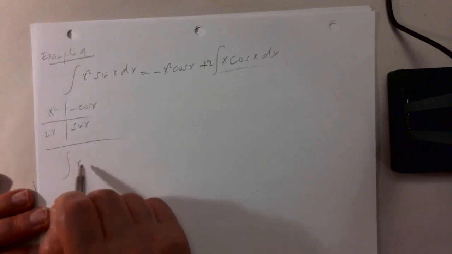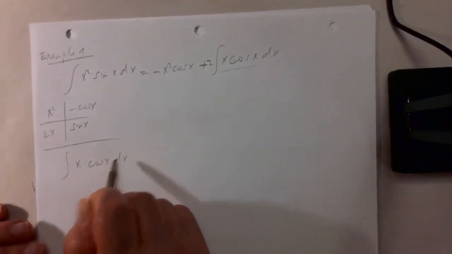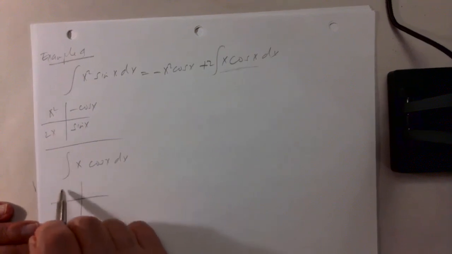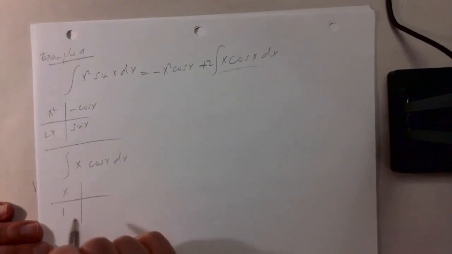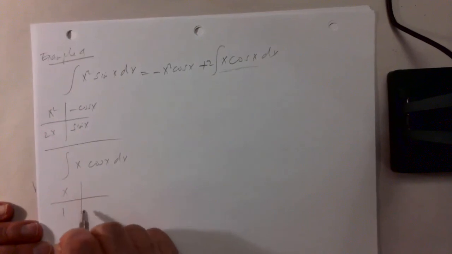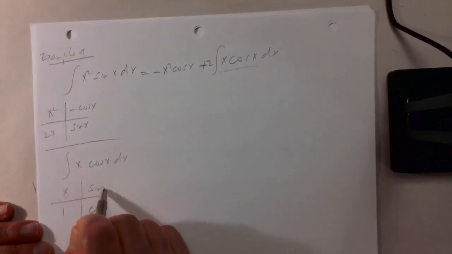If we have to integrate the integral of x cosine x dx, if I let u equal x, du dx is 1. If I let v prime equal the cosine, the antiderivative is the sine.